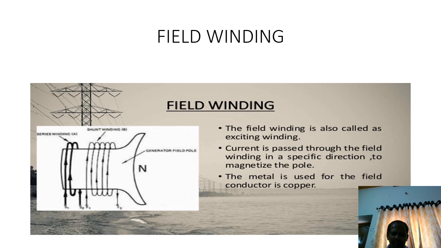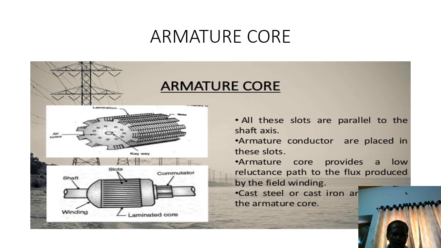Next one is armature core. Here you can see that this is the armature core. You are observing here. Let us say this is armature core. There are a number of slots.